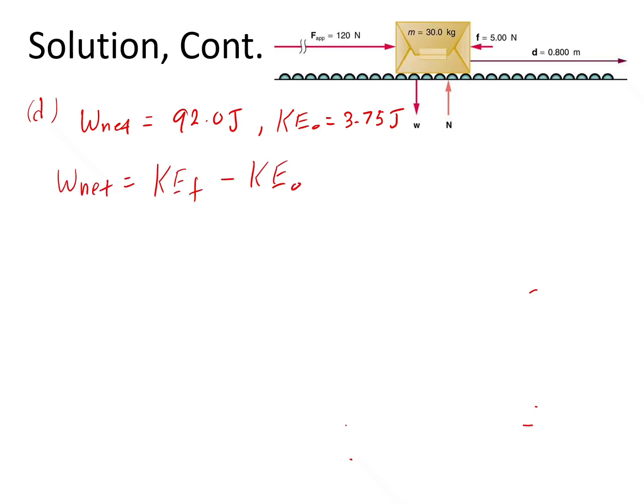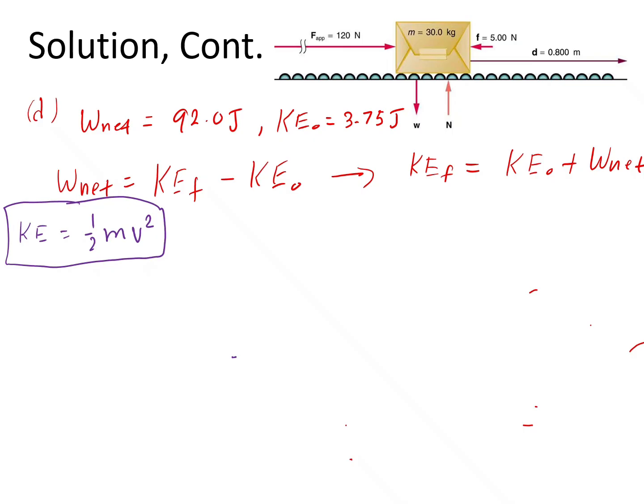So the final kinetic energy equals the initial kinetic energy plus the net work. Now we know the kinetic energy is given by half m v squared.